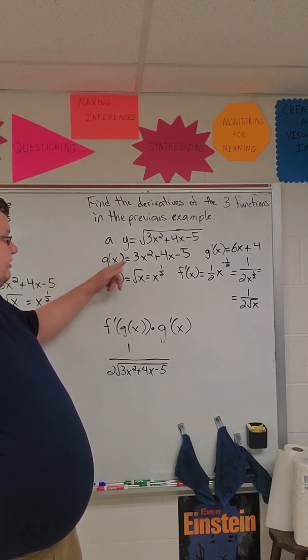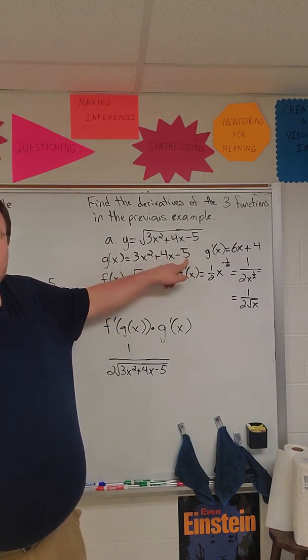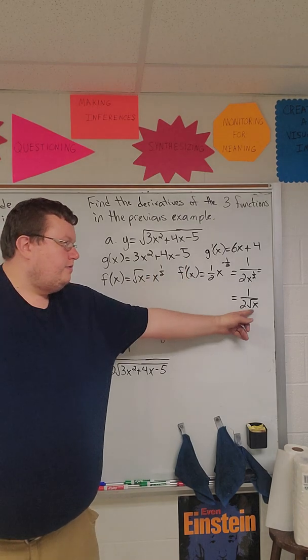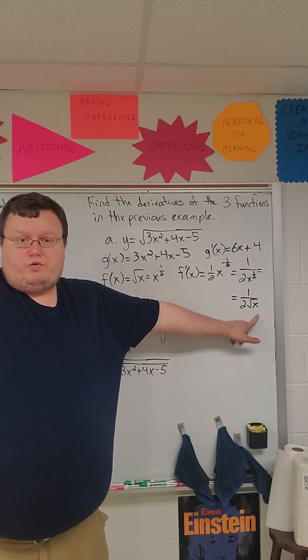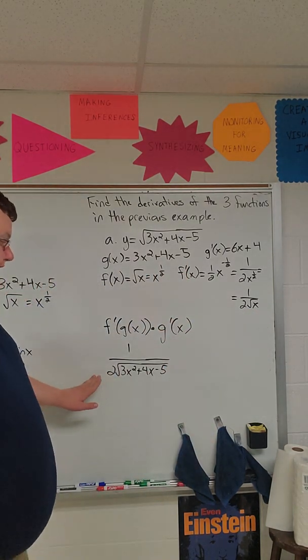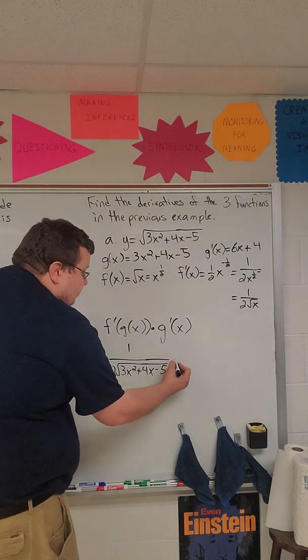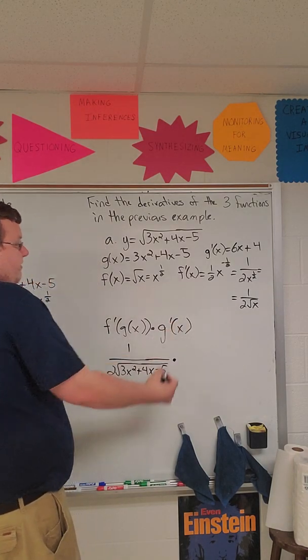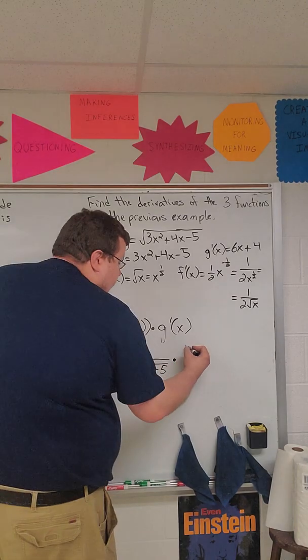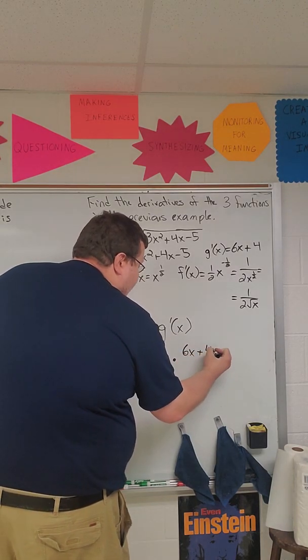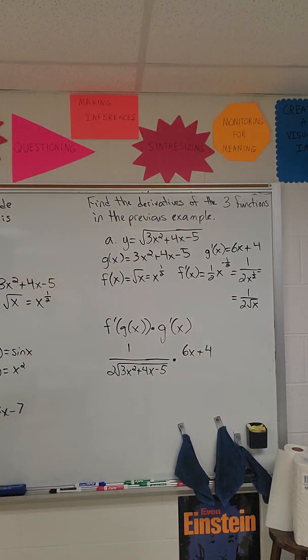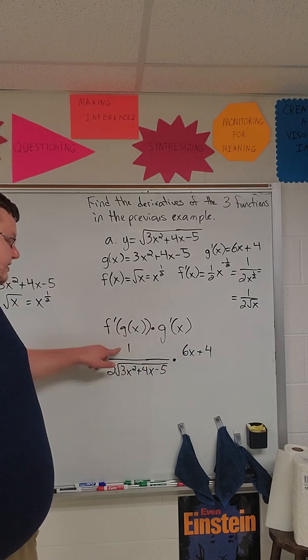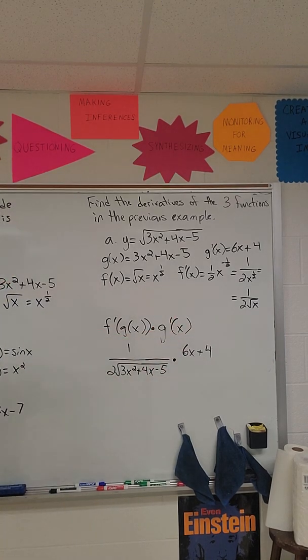g of x is the 3x squared plus 4x minus 5. So I'm plugging that in for x in 1 over 2 square root of x. So I get this, times the derivative of g. That's 6x plus 4. The only way we can clean this up is to multiply across. 1 times all that's just going to be 6x plus 4.